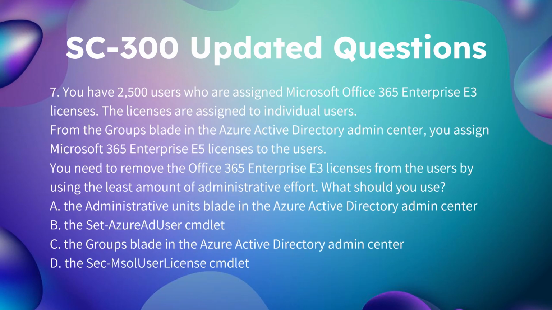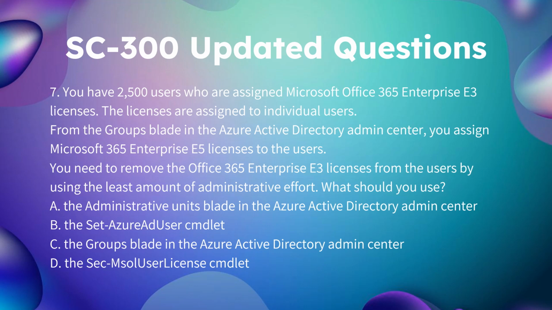7. You have 2,500 users who are assigned Microsoft Office 365 Enterprise E3 licenses. The licenses are assigned to individual users. From the Groups blade in the Azure Active Directory Admin Center, you assign Microsoft 365 Enterprise E5 licenses to the users.